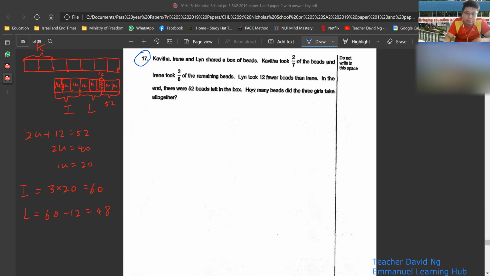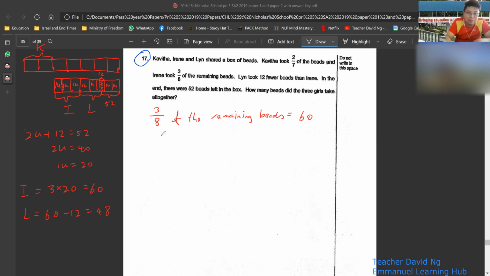Then after that, they want the 3 girls, so I have to calculate K. Irene took 3/8 of the remaining bits. Okay, agree?